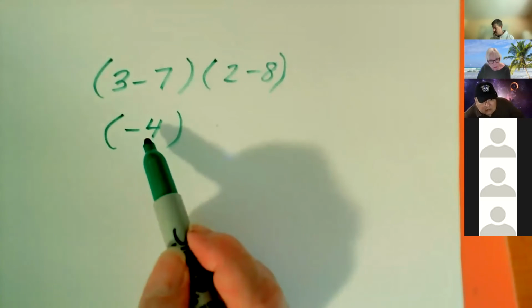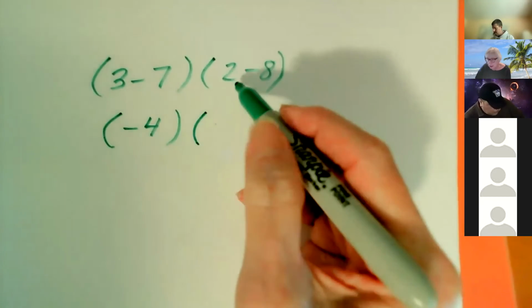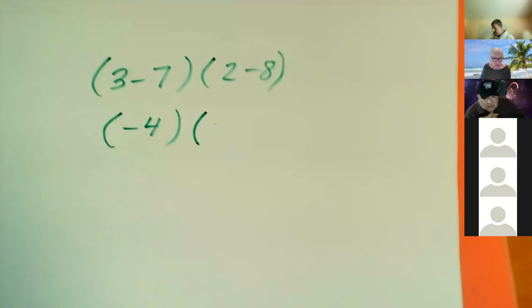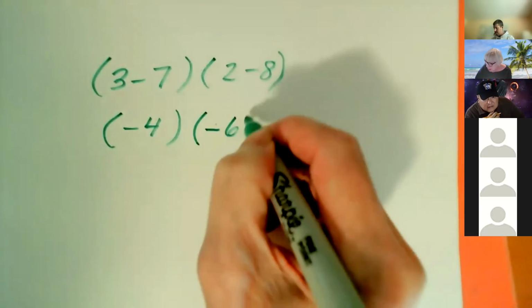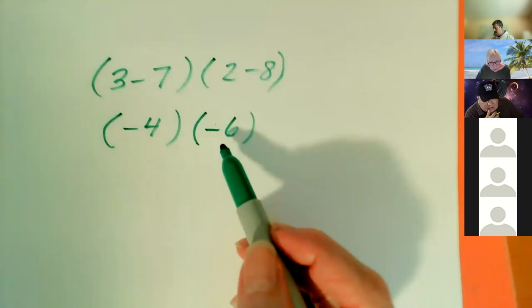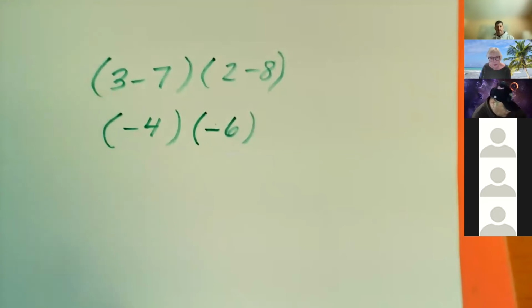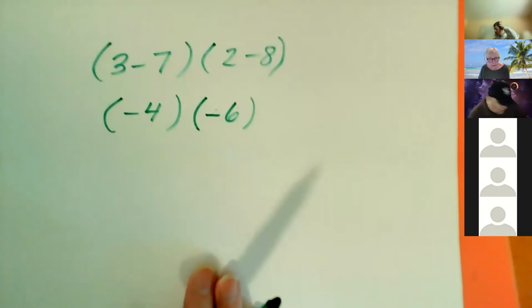We went 4 below 0. Same thing with this. 2 take away 8, we're below 0. So -6. So my suggestion is if you can see what it is very easily, then just write it and don't make a fuss about it, the plus, the minus, all that stuff. If you can see it, just nail it.